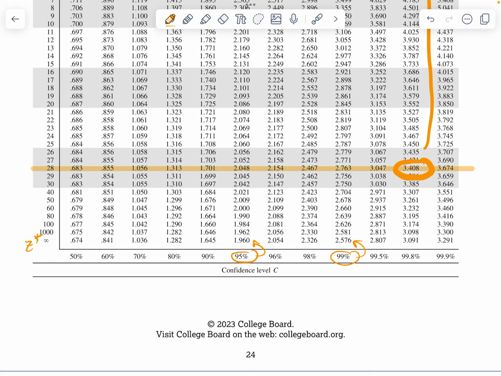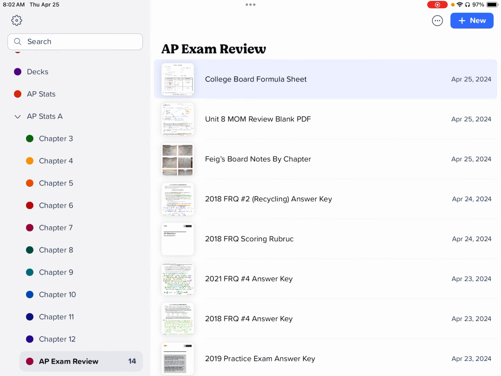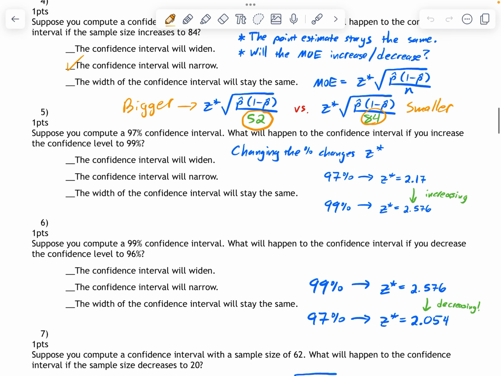You can see as you move this way, what's happening to your z-stars. They are increasing as you go to the right. They're getting bigger. 97 is not on here. It would be in here. You can kind of see. I had to use my calculator, if you're curious, to get this value.